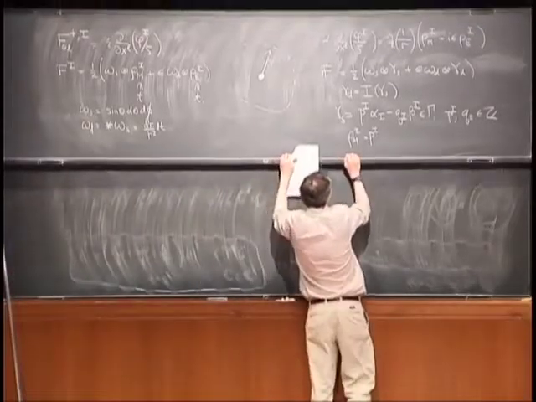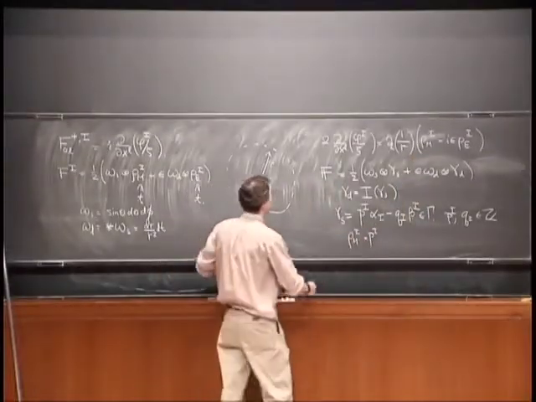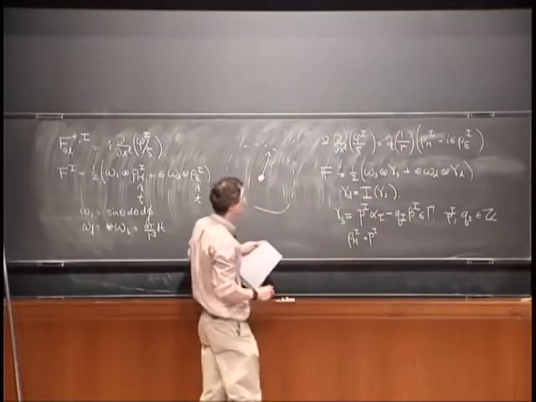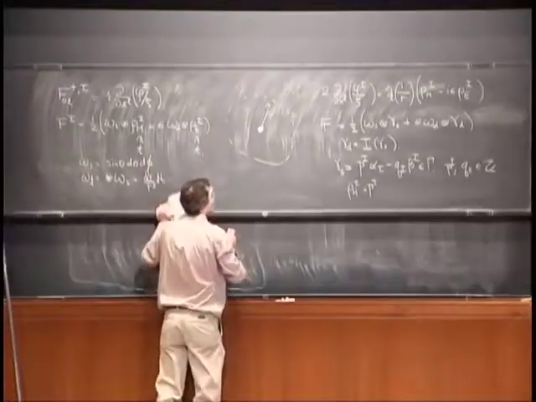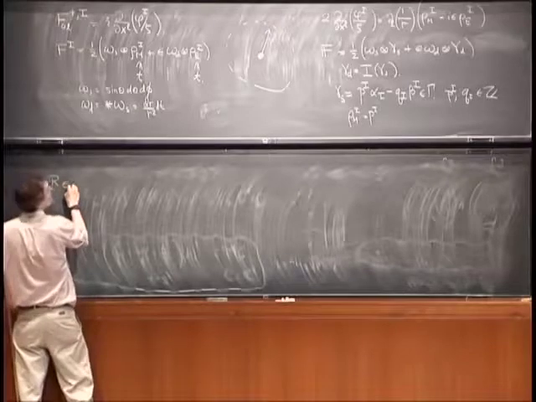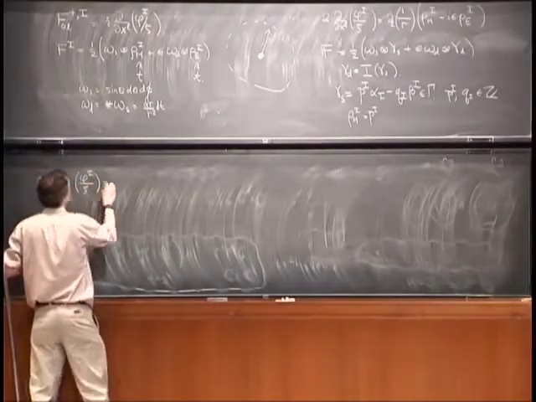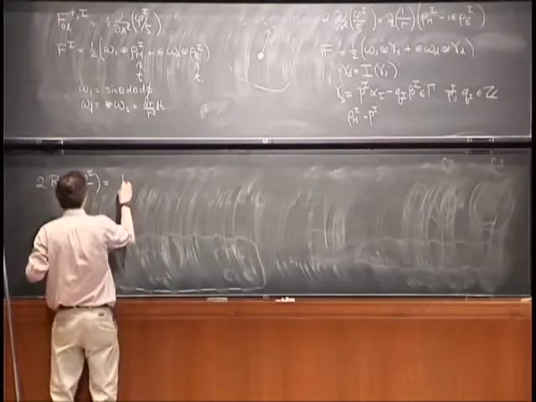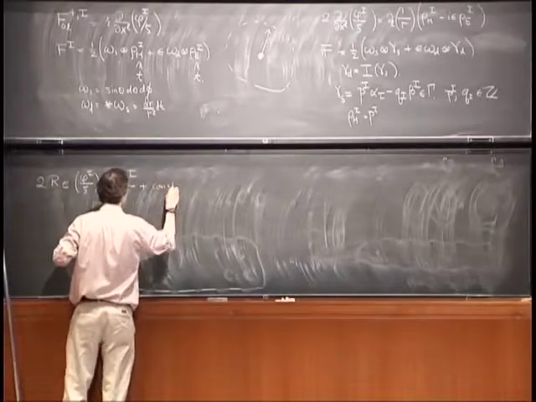Okay, since rho M is quantized, it's independent of space, and so we can take the real part of this equation, and we could say twice the real part of phi I over zeta is equal to pi over r plus a constant.